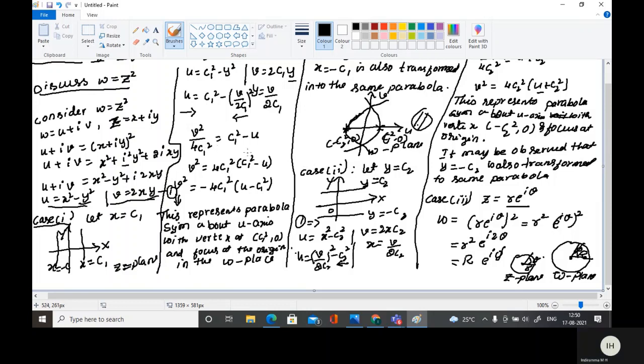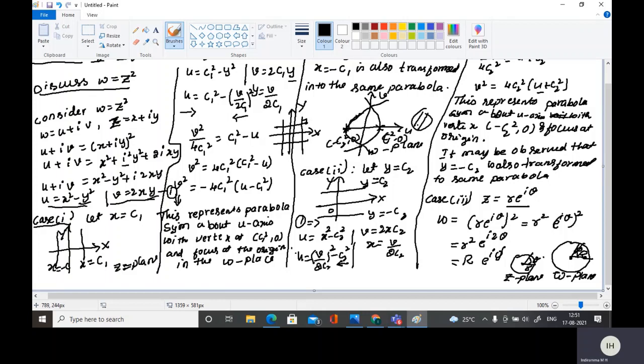So this is the discussion about w is equal to z square, a conformal transformation. Why is it conformal? Because the angle is preserved. In the z plane, we considered straight lines parallel to the y-axis as well as straight lines parallel to the x-axis. The angle between them is 90 degrees.